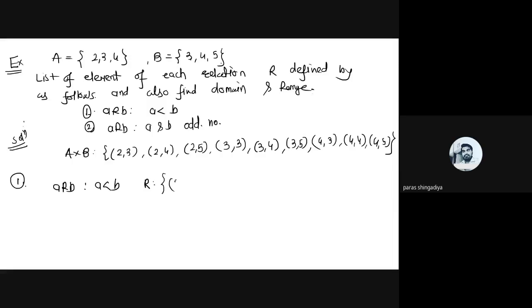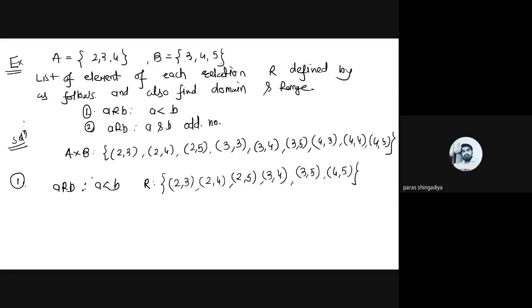So I can consider 2 comma 3, which satisfies A less than B. Then 2 comma 4 I can consider, 2 comma 5 I can consider. 3 comma 3 will not be included, 3 comma 4 will be included, because it is of the A less than B form. 3 comma 5 also will be included. Then 4 comma 3 will not be included, 4 comma 4 will not be included, and 4 comma 5 will be included. So this is the relation which satisfies the condition A less than B, which includes the 6 pairs: 2 3, 2 4, 2 5, 3 4, 3 5 and 4 5.